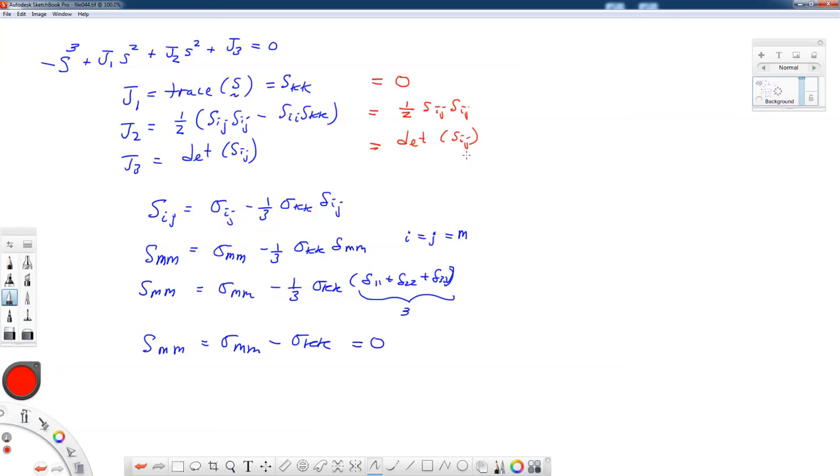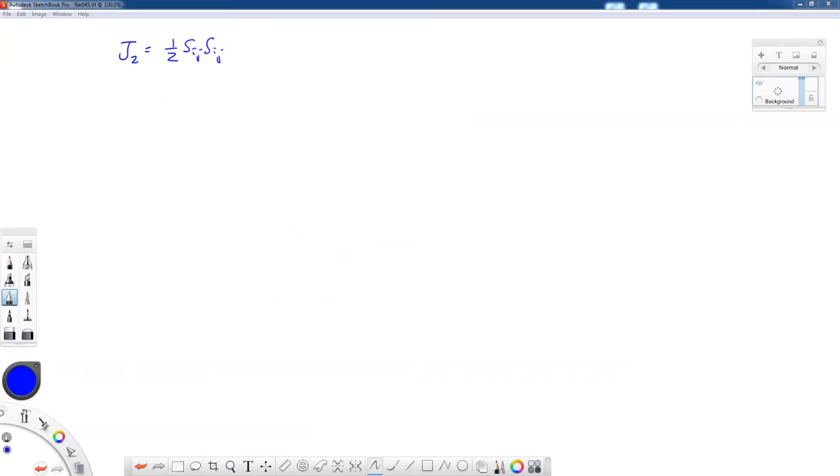Well, let's take a look at Sij Sij divided by 2 in a little bit more detail. Alright, so in terms of the deviatoric stresses, we have a double summation, and I probably won't do this a lot, but I think it's worthwhile to do this once or twice.